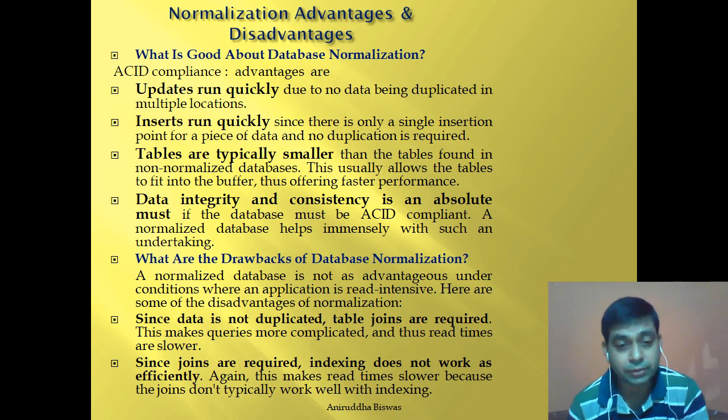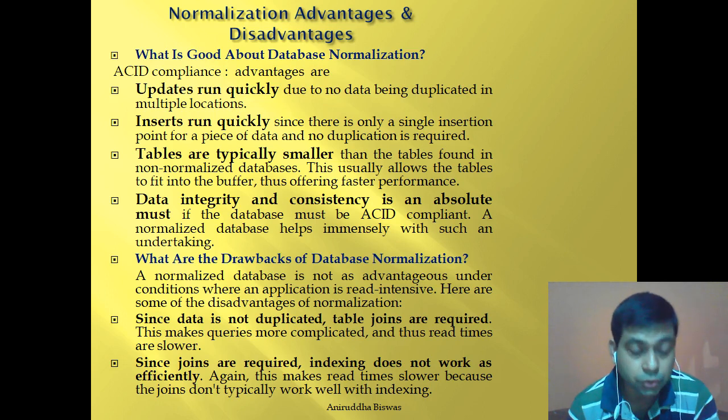Now these were the advantages of normalization, but there are some disadvantages as well. Now the drawbacks, if we talk about, since data is not duplicated, table joins are required, and we know that join is a complex thing and that makes queries more complicated, and thus read times are slower.